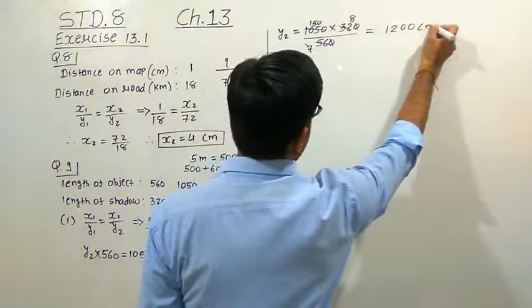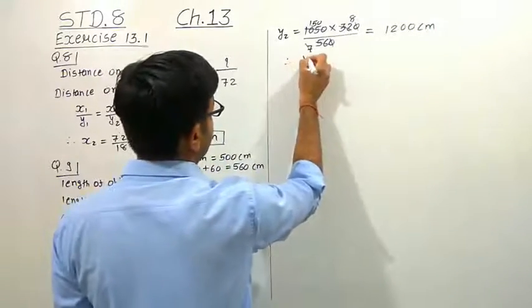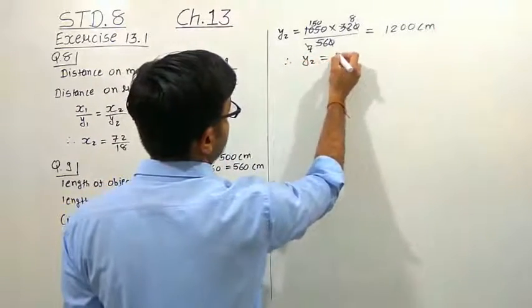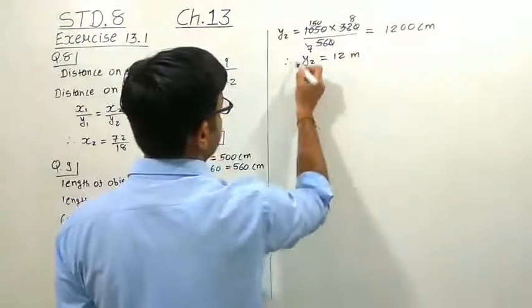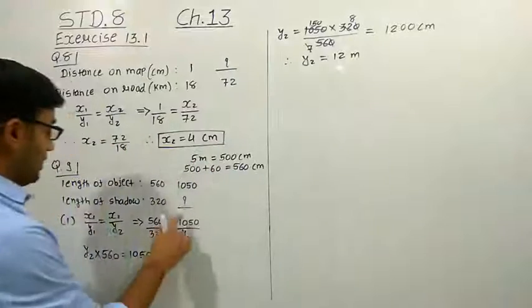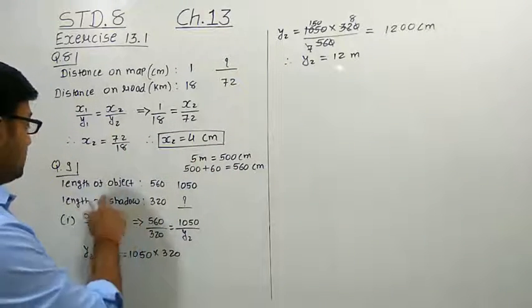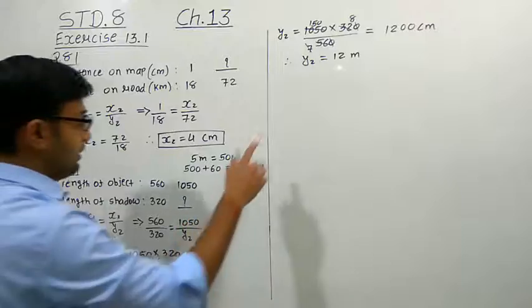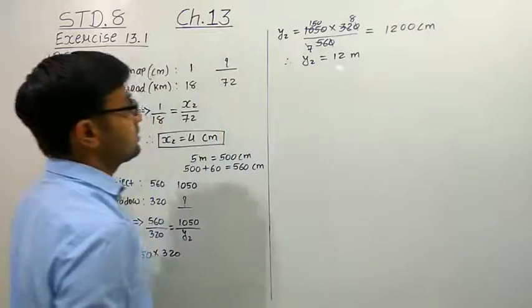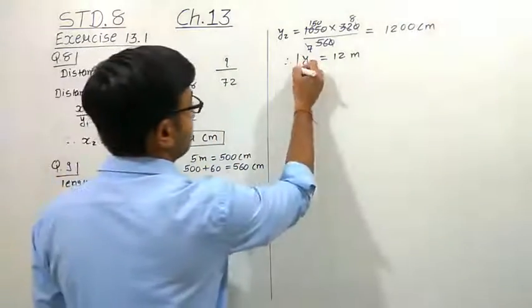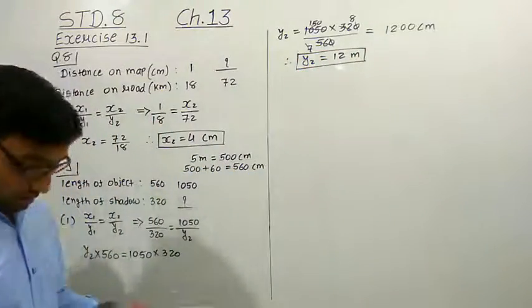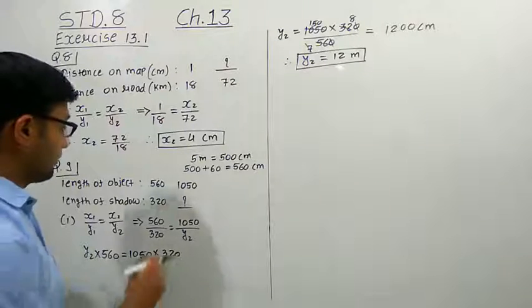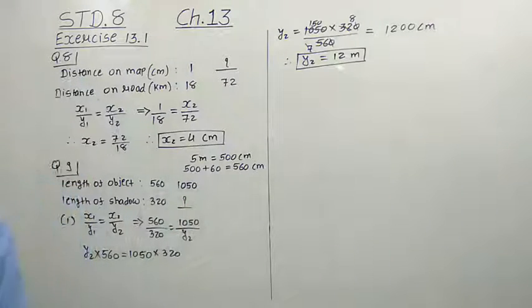So 1200 centimeter. And therefore our y2 is 1200 centimeter, and we can also convert it into meter, that is 12 meter. Right? So the shadow of the pole which has the length 1050 is equal to 1200 centimeter. Now this is the first case that we have solved. Now let us see the second case.